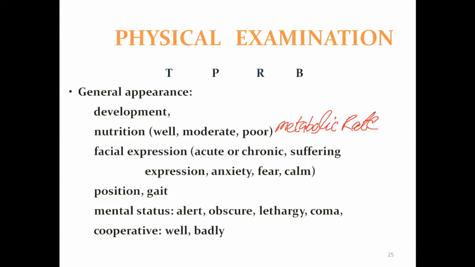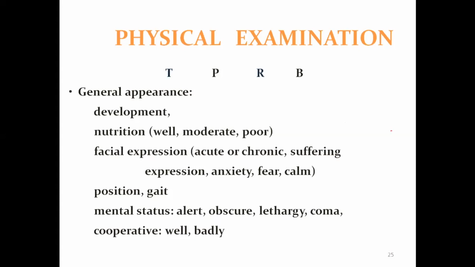Other things are how well developed he is, his body mass, whether he is fat or not fat, his color. So all these things, and then you check his body weight, his BMI. So this will tell the nutrition.